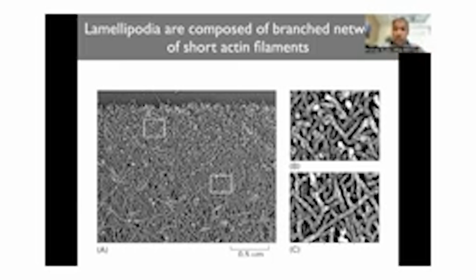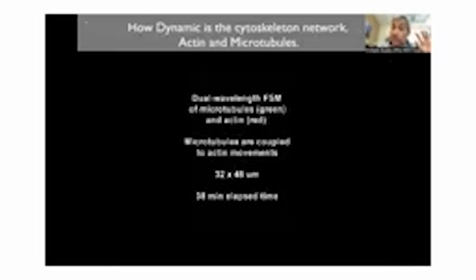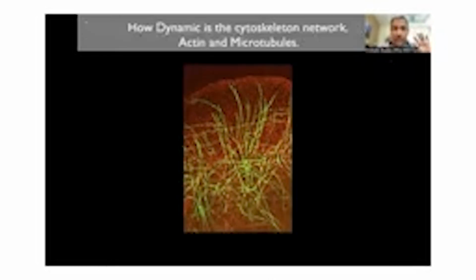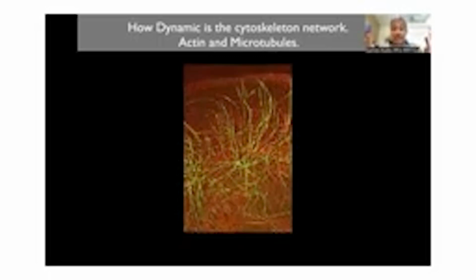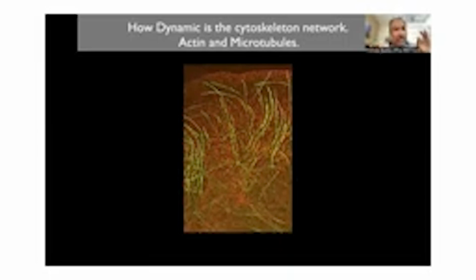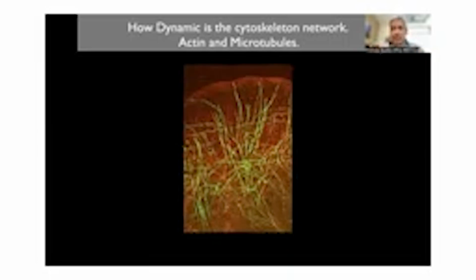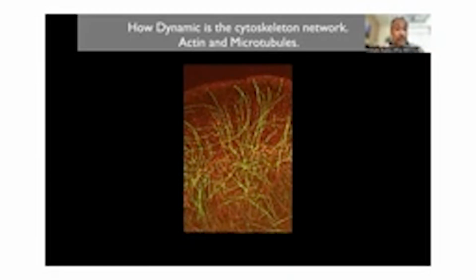So if you look at microtubules and actin together in a cell, I'm going to show you a movie of a live cell where microtubules and actin are both labeled, right? And let's look at what this movie looks like. The red that you see is actin, okay? And it is labeled in a very special way for a microscopy method called speckle microscopy.